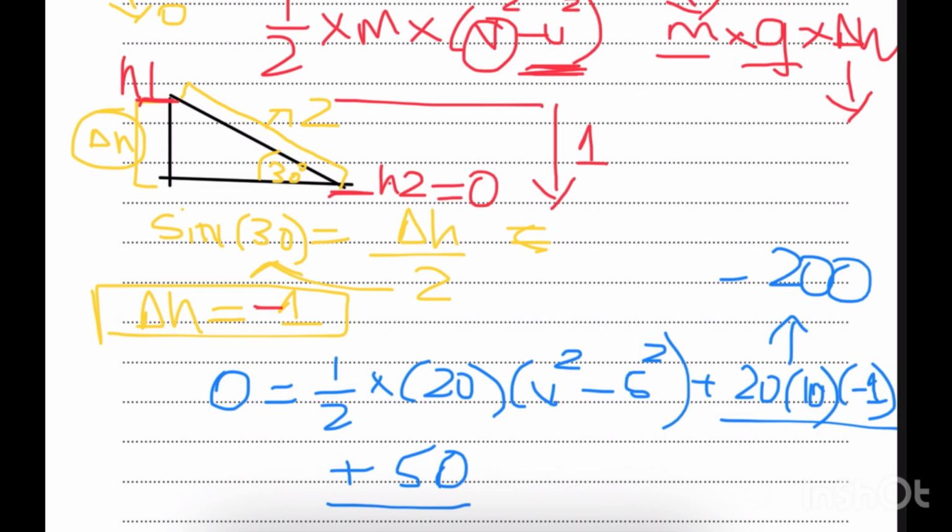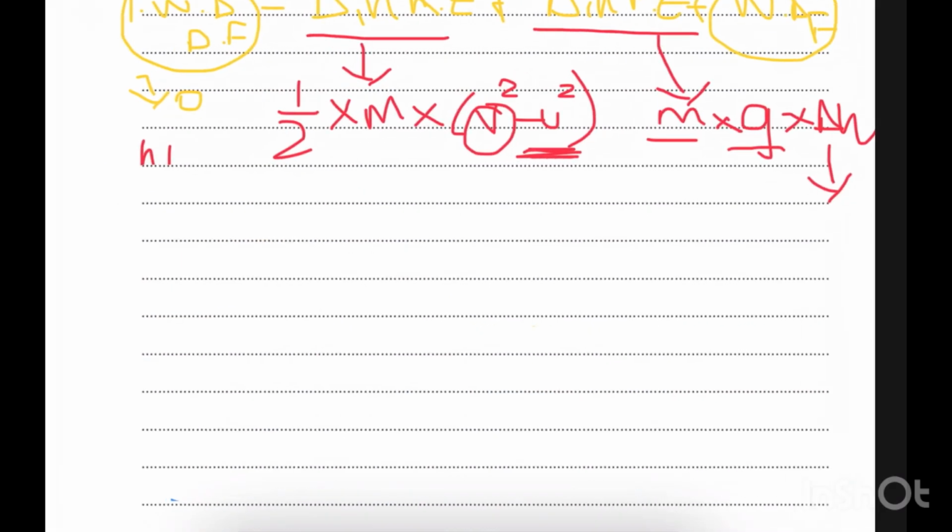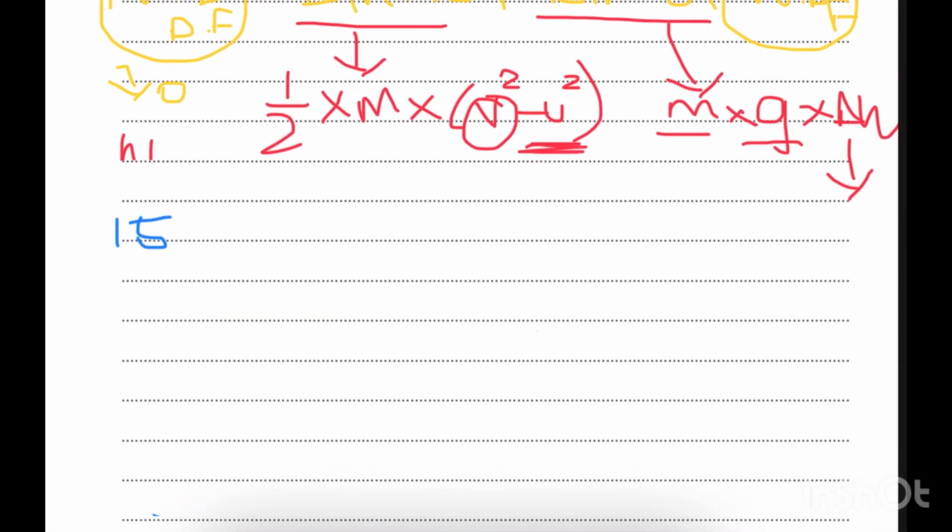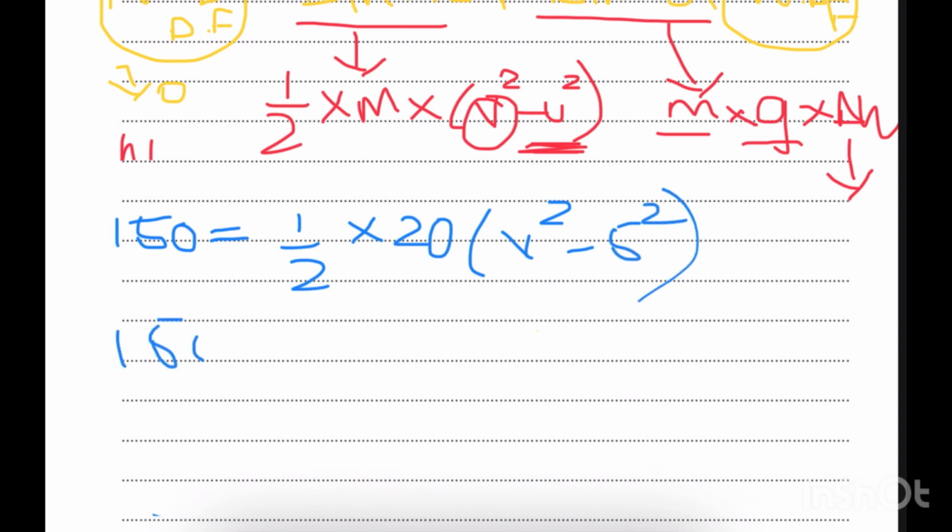Taking this -150 to the other side, 150 is equal to the change in kinetic energy, which was half times the mass times v squared minus 5 squared. So let's simplify this further. 150 is equal to 10 times v squared minus 25.